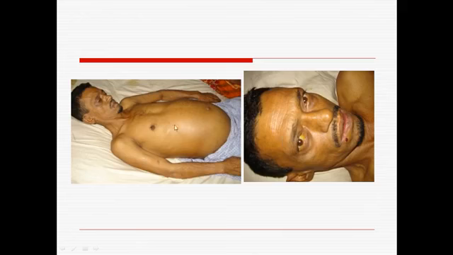I think that both of these photographs show patients of chronic liver disease. Here, abdominal swelling and cachexia; here, jaundice and cachexia too.